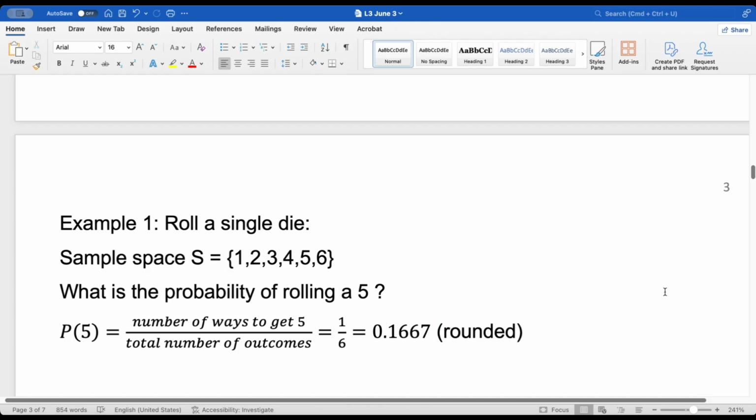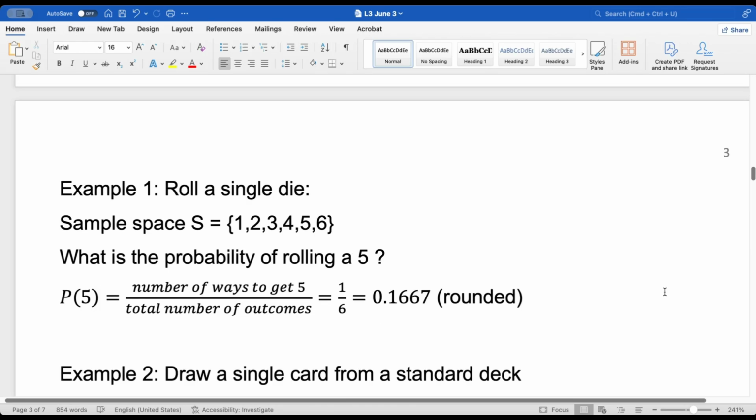Rounded off is 0.1667. Rule of thumb for this course, typically 4 decimal places should be the most we're going to need. There may be some exceptions, but most of the time that's a good default. But we may also leave things in fractional form.